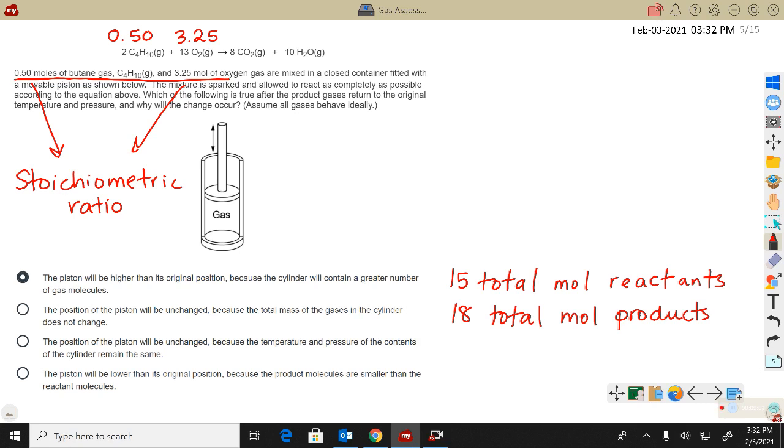And if this is a movable piston, then more collisions are going to cause that volume to expand. So the piston should move to a higher position, with a greater number of particles on the product side. And again, it does say that we return to the original temperature and pressure. So that was key to this one too, so that the volume of gas would solely be dependent on the number of particles.